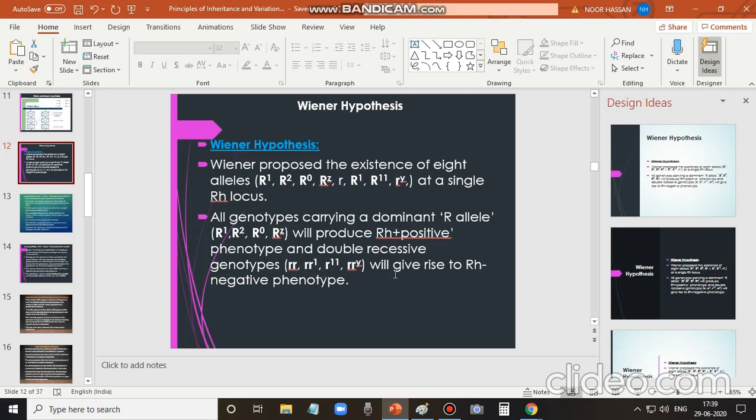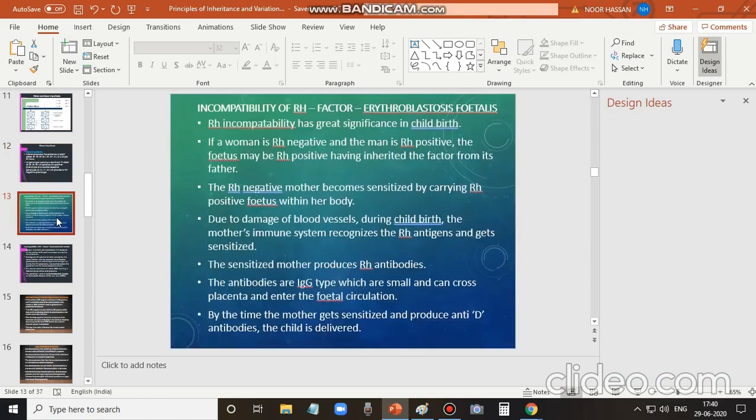So these recessive genotypes will always give rise to RH negative phenotype. This is very simple information, you can easily remember, but the difference between Fisher Race hypothesis and Wiener hypothesis you should understand. Go through the information again, you can easily understand. So we shall move on to the next one.